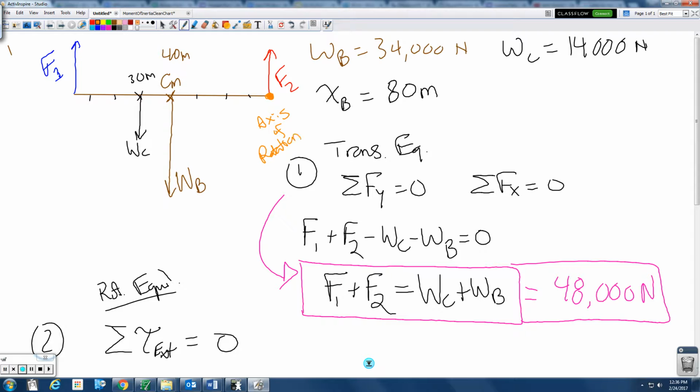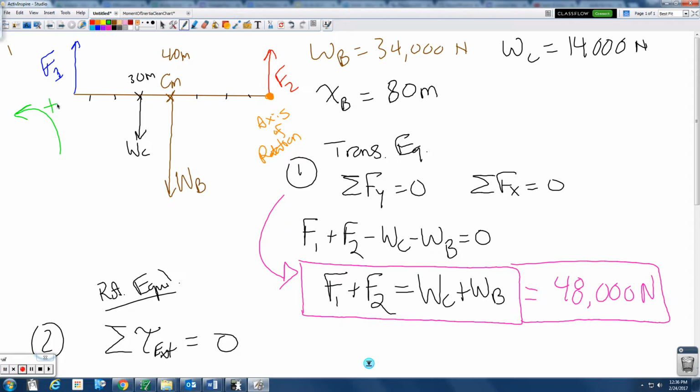Okay. So, because that's the axis of rotation, F2 does not produce a torque because F2 is a radial distance from the axis of rotation that is equal to 0. Now we do have other forces. Now remember that counterclockwise is positive direction by default, unless we change it. We can change it, you just have to be consistent.